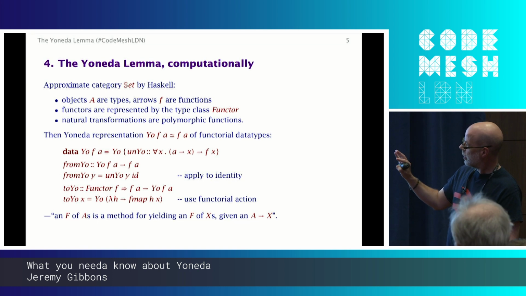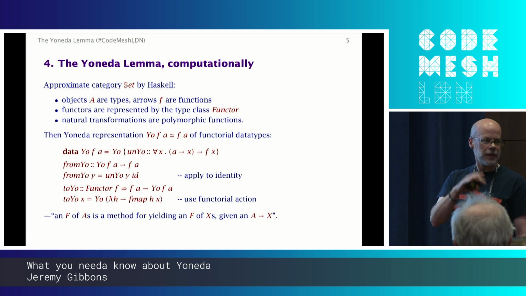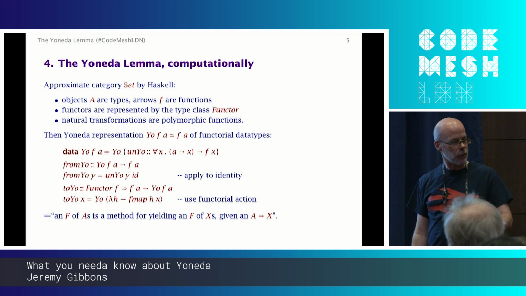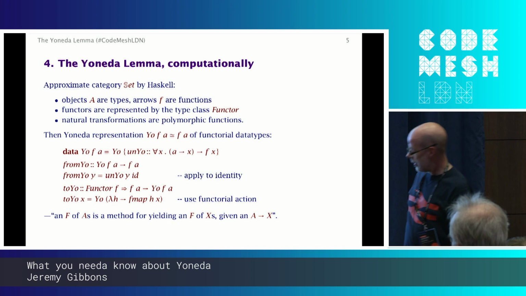You've got a collection of a's, and you want to make a collection of x's. Then you could plug in the identity function for free, and that will give you back a collection of a's. I think I got the types wrong there, but hopefully the program is here.